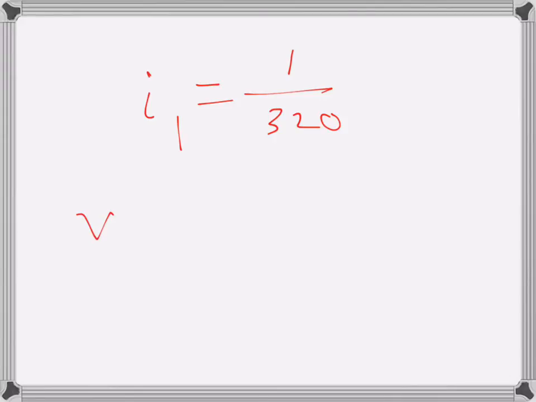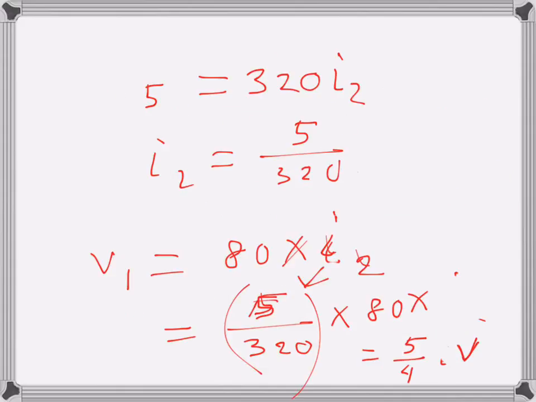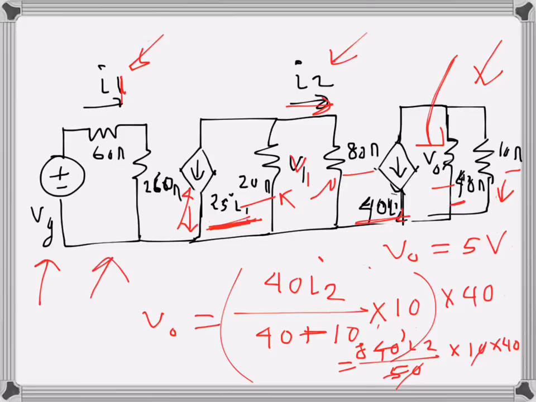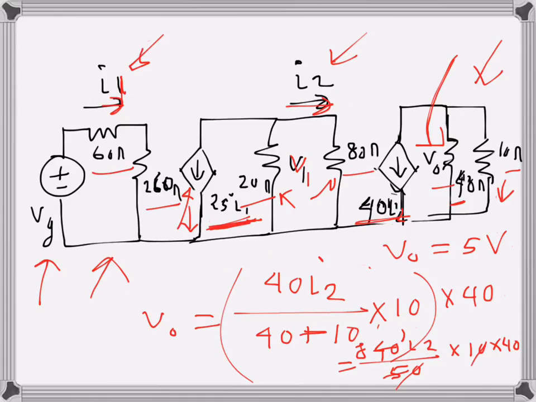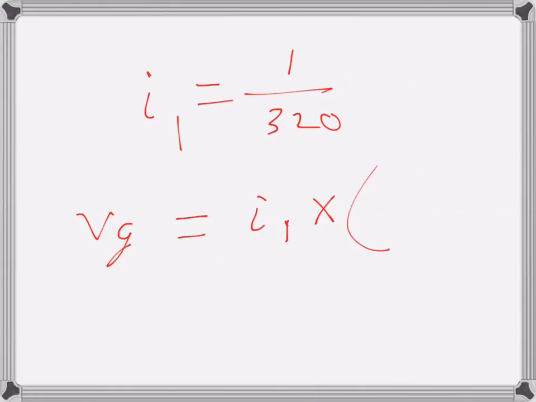So we need to find Vg. If we go to the first part of the circuit, Vg is of course I1, the total current, times the sum of these resistances. So that is I1 times, here we have two resistances, 60 plus 260, the sum of the two resistances, because it's the total drop.